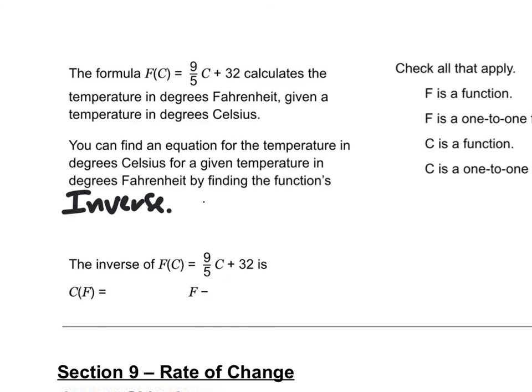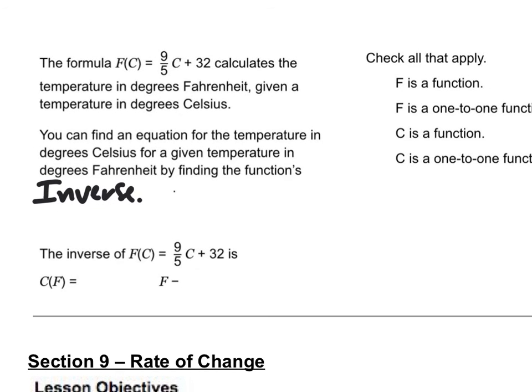The inverse of this function, let's do this. Before we fill in these things, let's just write f is equal to 9/5 c plus 32. And what I want to do is solve this for c.